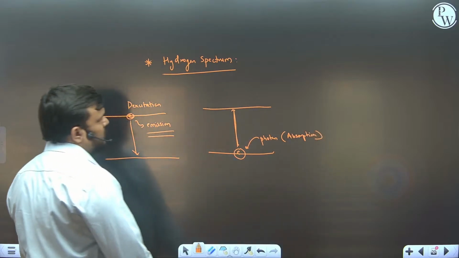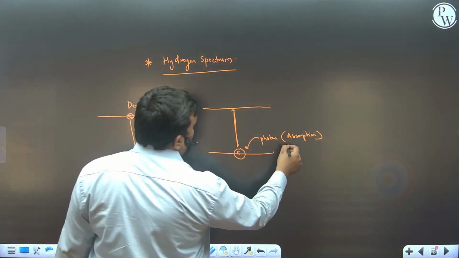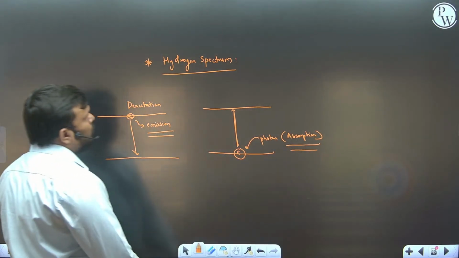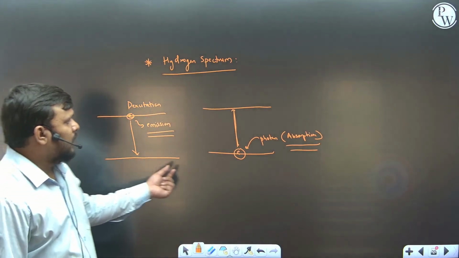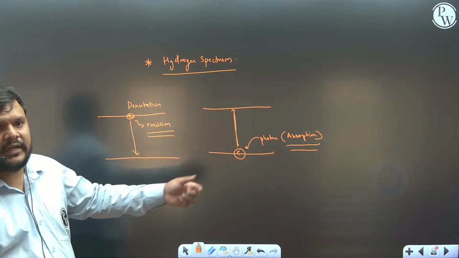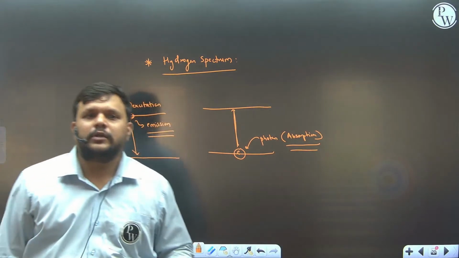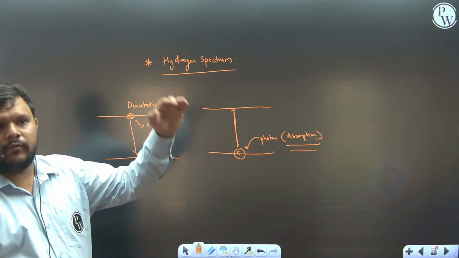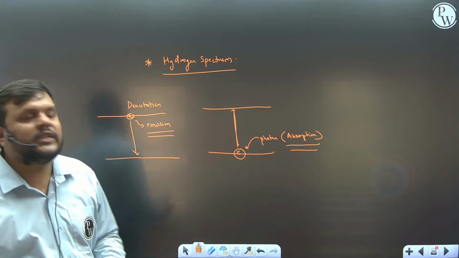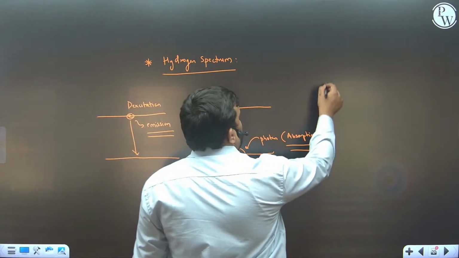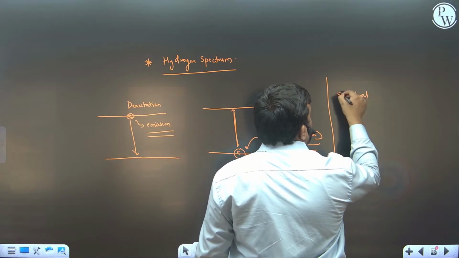Over here, the photon either gets emitted or absorbed. So in the hydrogen spectrum we are talking about this photon which is getting either emitted or absorbed, and we are plotting it on a wall, or you can say on a screen, and there we can see the spectral lines.